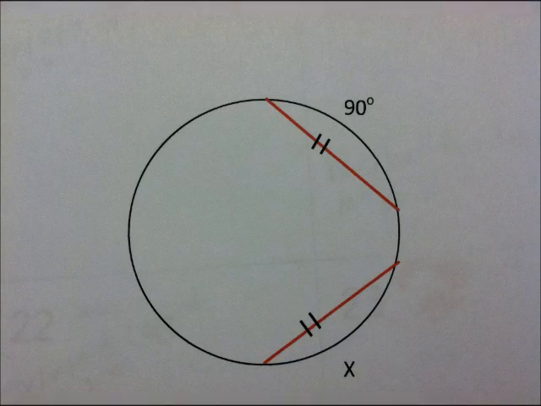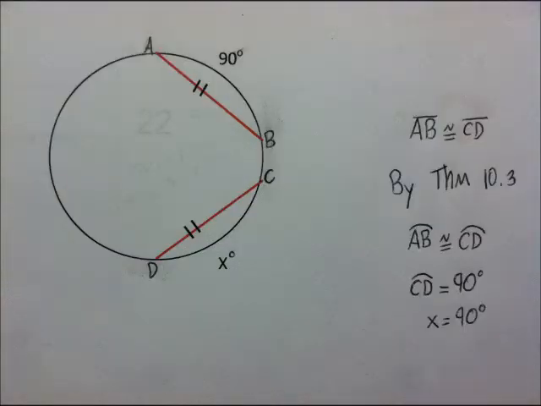Let's see if she's telling the truth about these circles and their chords. Let's look at this circle. There are two line segments that are congruent. One of the minor arcs of one of the line segments is 90 degrees, and we are solving for x, which is the measure of the other arc created by the other line segment. Let's label this to help with clarity. We added labels A, B, C, and D. It was given that AB is congruent to CD, so we can use Theorem 10.3.